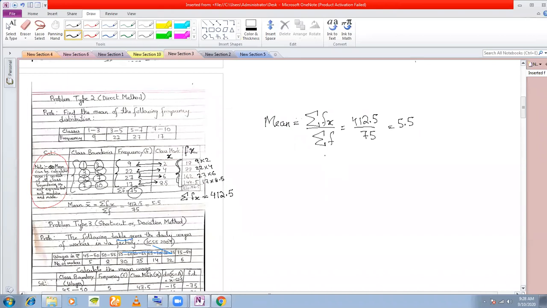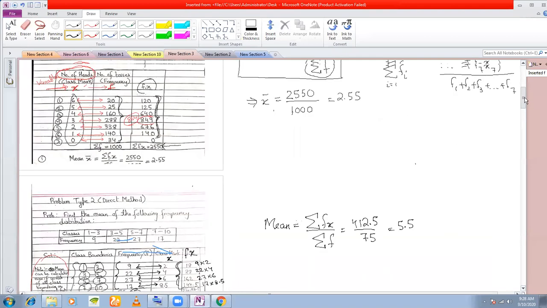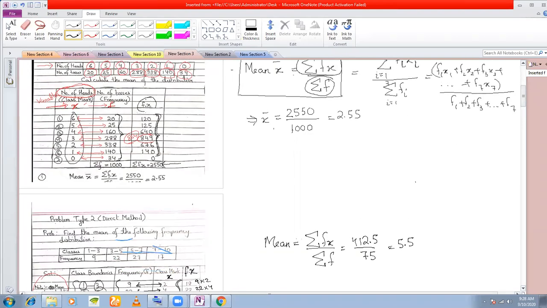Direct method for an ungrouped distribution, you don't have that. If you see the difference, you did not have to create another column called class mark, because there was no class interval, we were taking X here only.